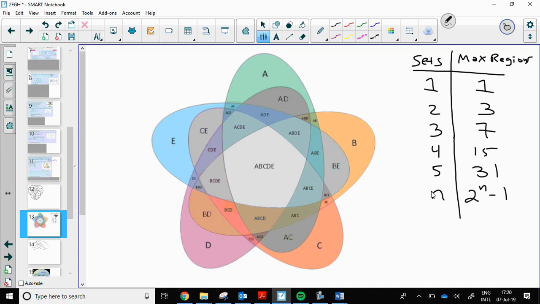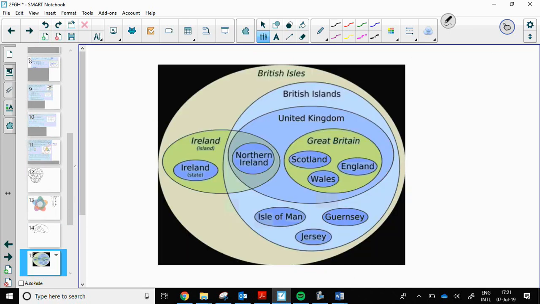And we can still represent things with something similar to a Venn diagram that includes empty regions, and that is called an Euler diagram. So here's some examples of those. Here's one about the British Isles.